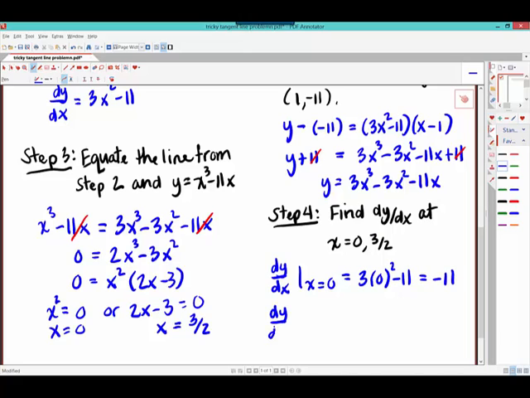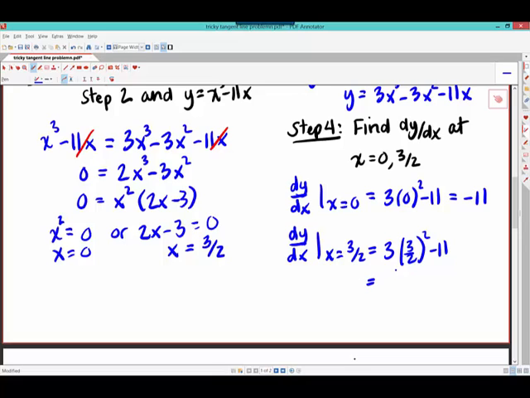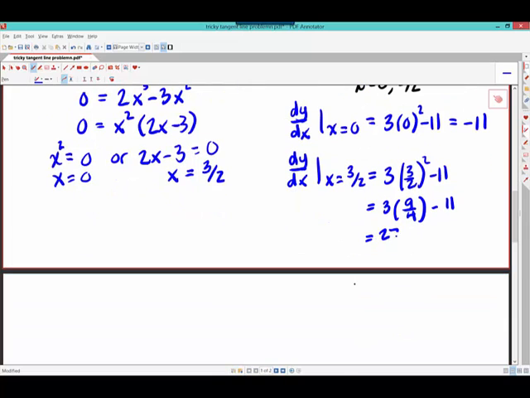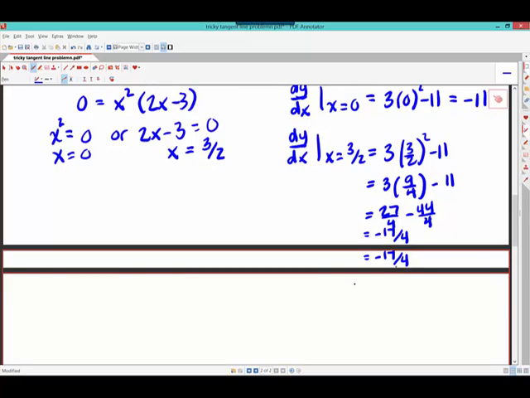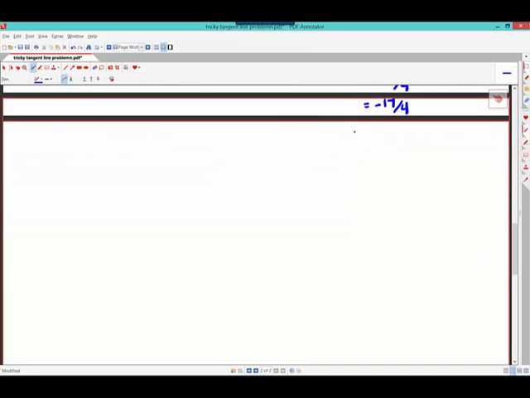And dy/dx evaluated at x equal to 3/2 will be 3 times the quantity 3/2 squared, minus 11. So this will give us 3 times 9/4 minus 11, which gives us 27/4 minus 44/4, getting a common denominator, which is negative 17/4. Good so far?